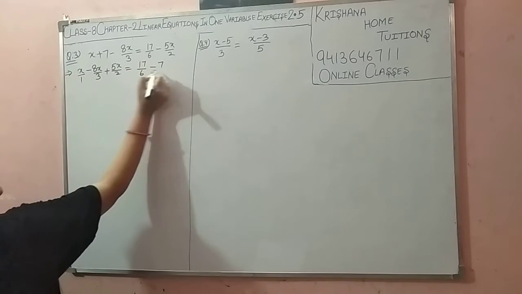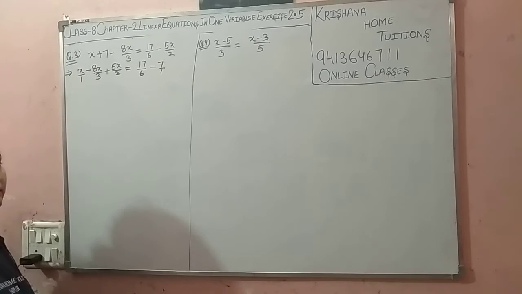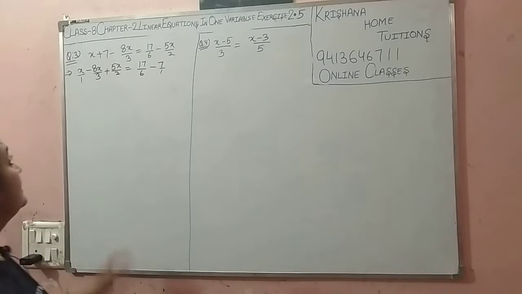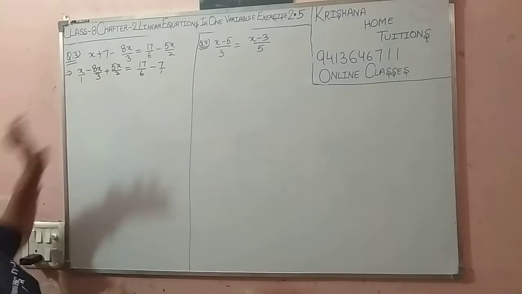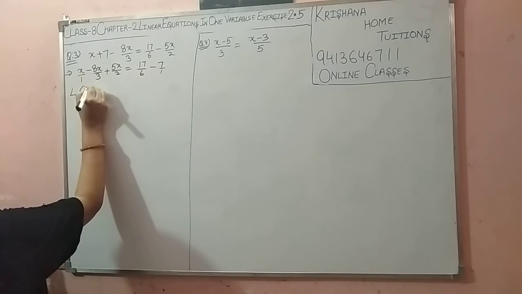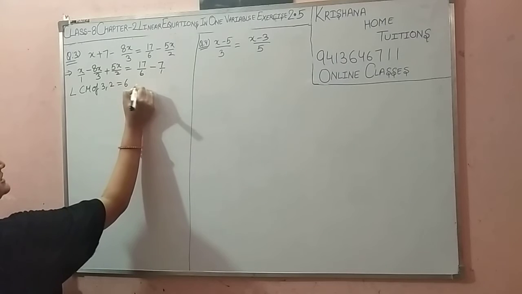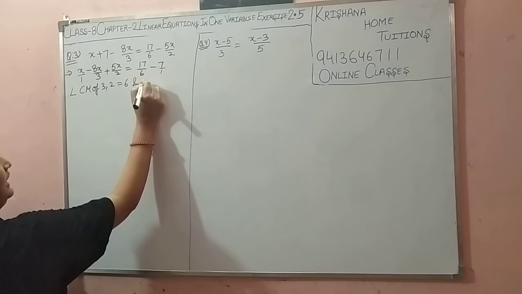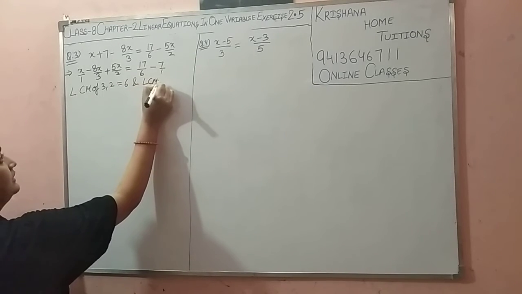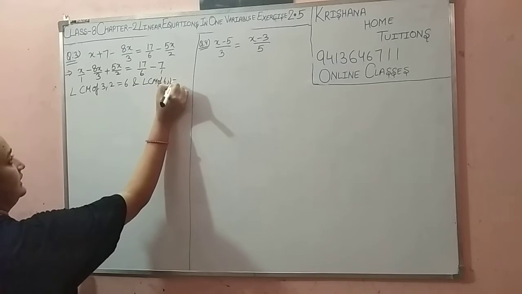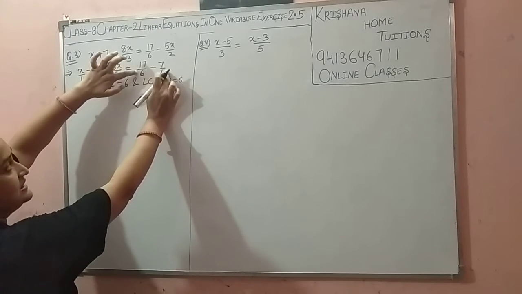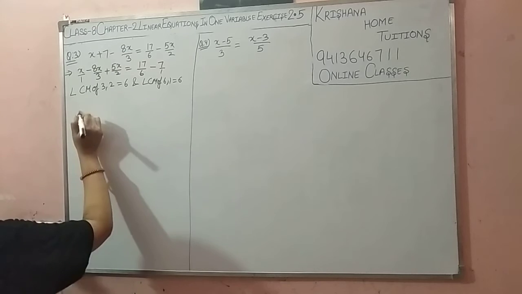I am writing denominators where denominators are not there. So what is the LCM of 3 and 2? LCM of 3 comma 2 is 6 and LCM of 6 comma 1 is 6.